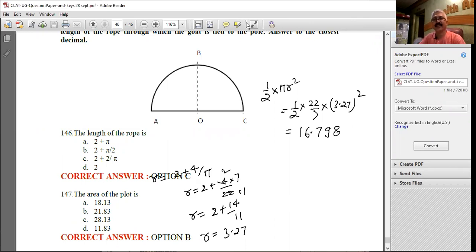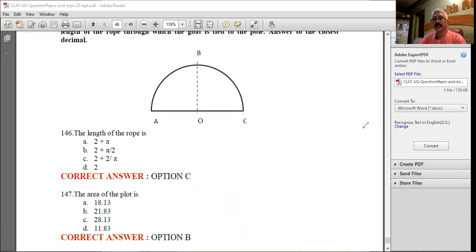Again, it is a wrong answer. How is this possible? It should be 16.798. So 146 wrong, 147 wrong. Now take 148.